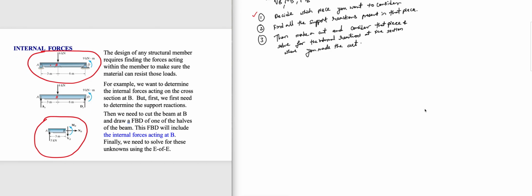That means in the free body diagram, there is AY. See, there is a 6 kilonewton force. And there is this point D, which is a pin.